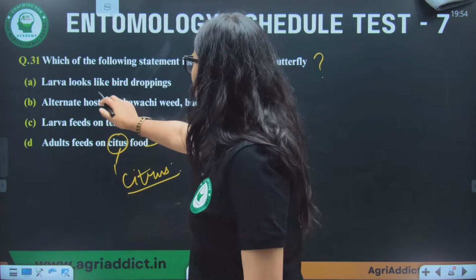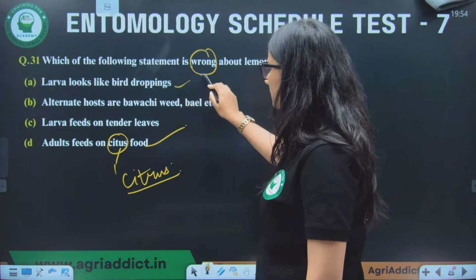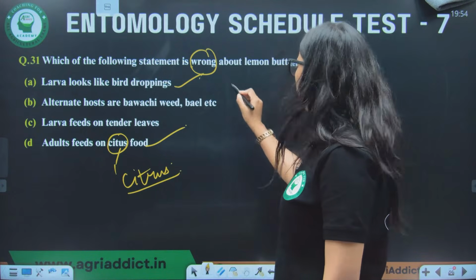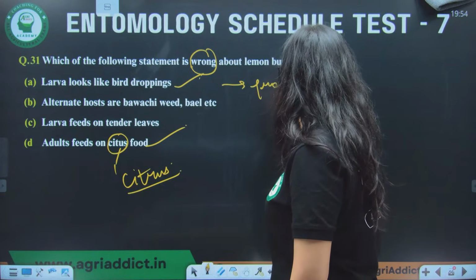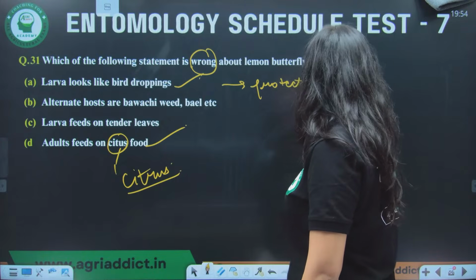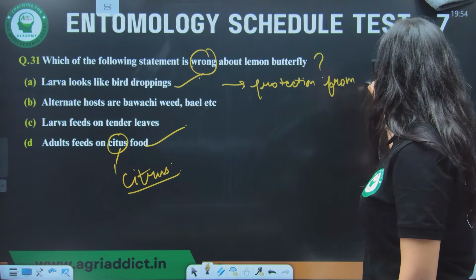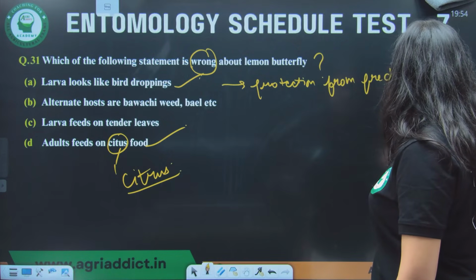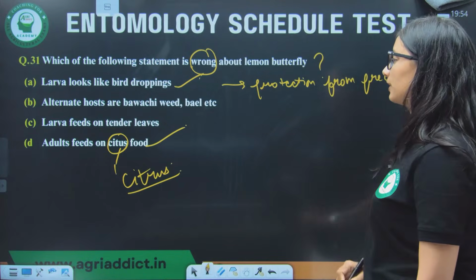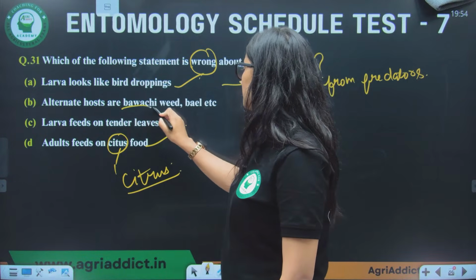So the larva looks like a bird dropping. Why? For protection from what? Predators. Okay. Alternate host is Bawachi bead or bale.